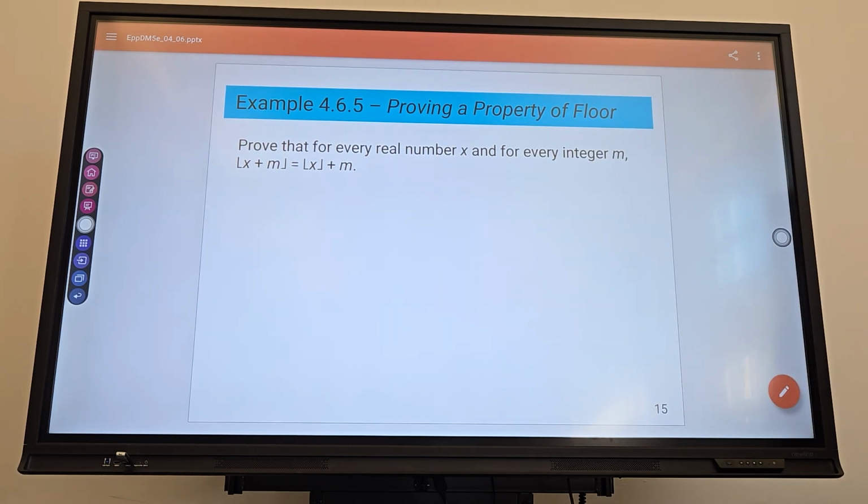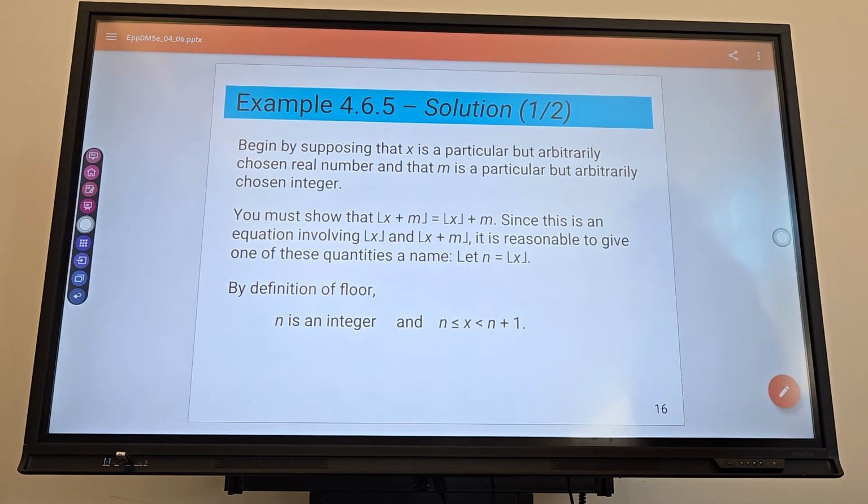Prove that for every real number x and for every integer m, the floor of the quantity x plus m equals the floor of x plus m. Begin by supposing that x is a particular but arbitrarily chosen real number, and that m is a particular integer.